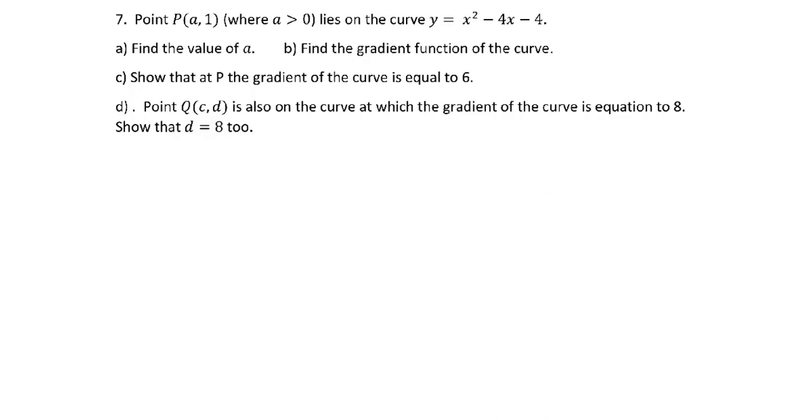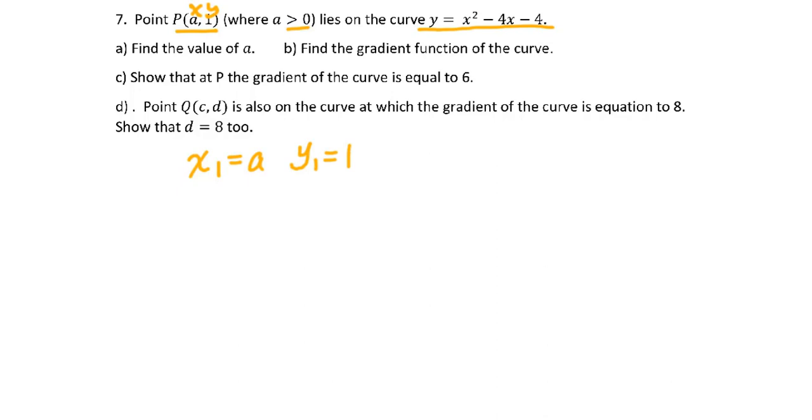Point P, (a, 1), where a is greater than 0, lies on the curve of this. Find the value of a. They give you the point, that means you know the x and y. That means your x1 equals a, y1 equals 1, right?